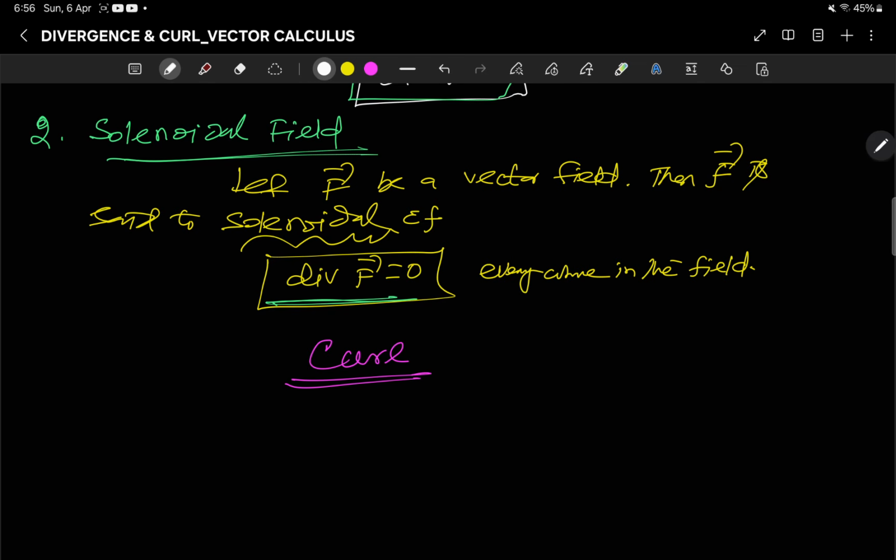Now coming to the definition of the curl, let V = V1 i + V2 j + V3 k be a vector point function.